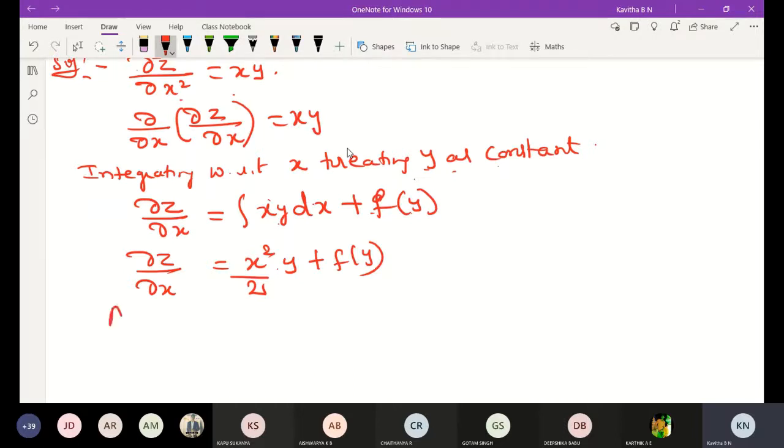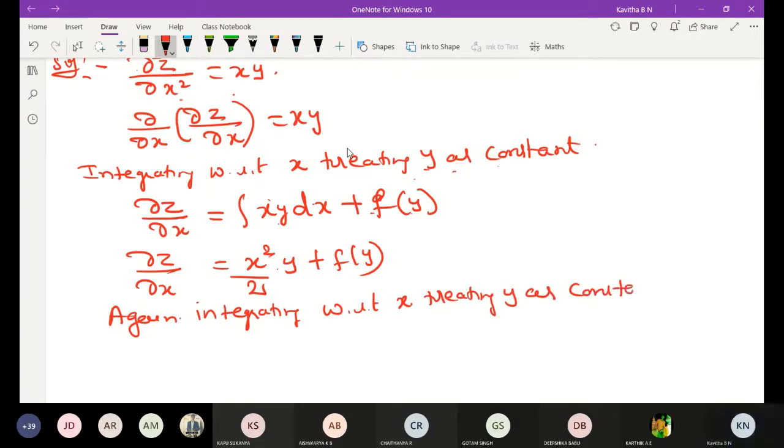Okay, then again integrating with respect to x, treating y as a constant. Okay, here z is equal to, del z by del x is there, no?